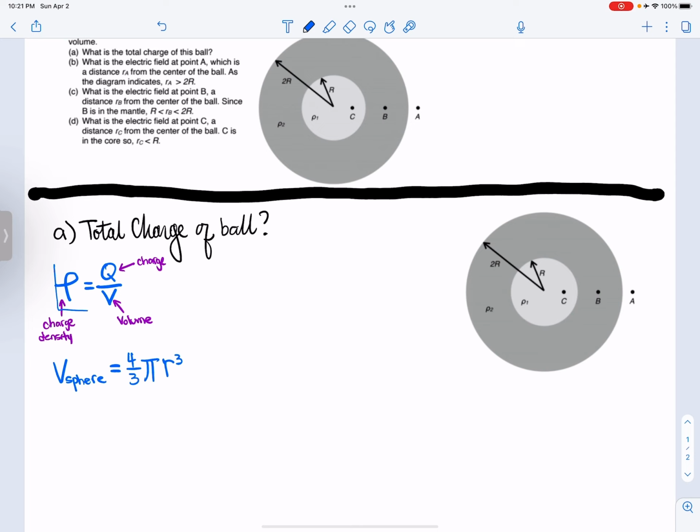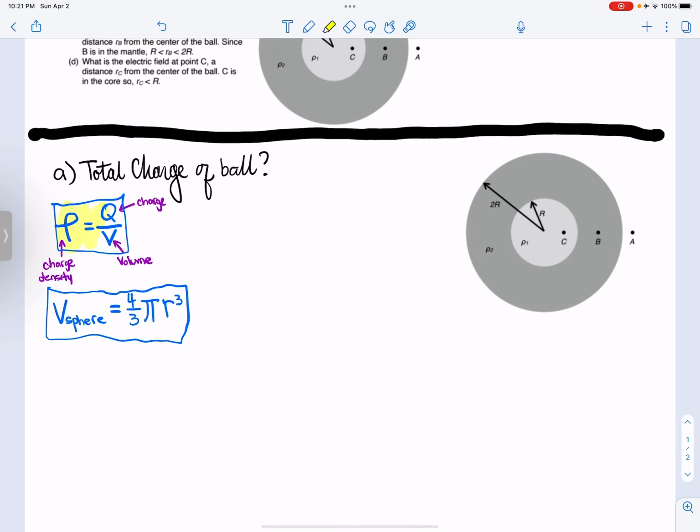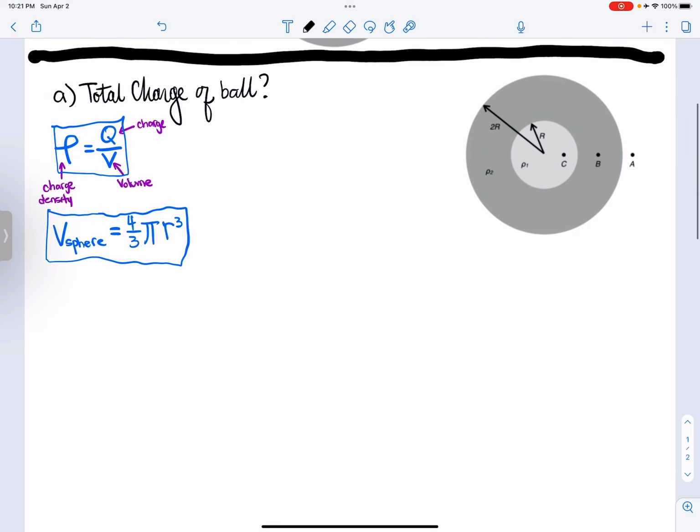These formulas you should either know by heart or have in your formula sheet, and that should help you during a test. Okay, so I want to know the total charge of the ball. Using this formula for charge density, I could figure out charge, right?